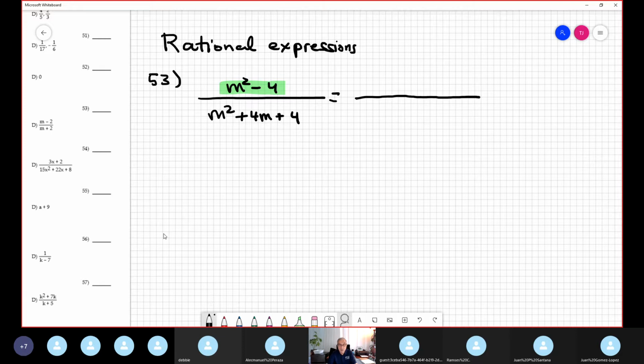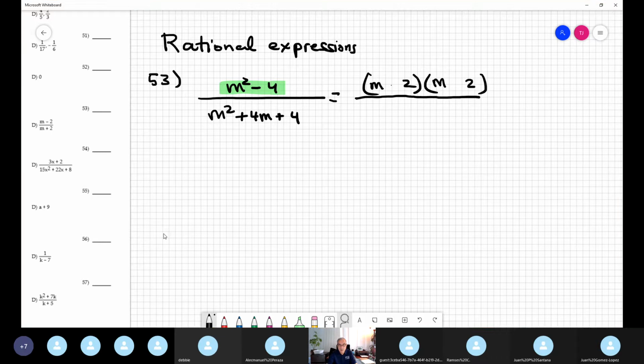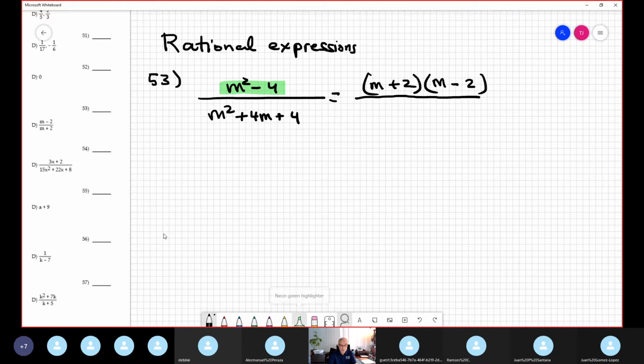I'm using the famous formula. The factorization is then m minus 2 and m plus 2. Where do I get m and 2? The square root of m squared is m, the square root of 4 is 2, and plus and minus. Done. I did the factorization of the top part. Now let's do the bottom part.